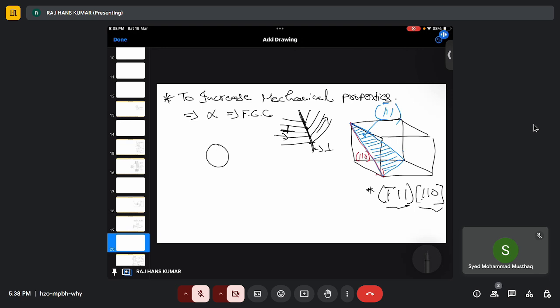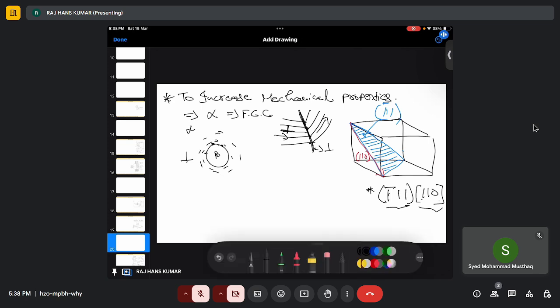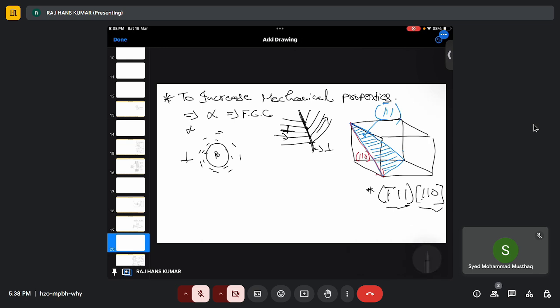The next obstacle is the precipitates. Why precipitates? Precipitates have a different crystal structure compared to our alpha phase. This is my alpha phase, and this is my precipitate, a beta phase. Because of the coherency strain, we have strain here. There is my spherical precipitate, and it has its own strain around it because of the atomic lattice mismatch. The dislocation itself also has its own strain around it.